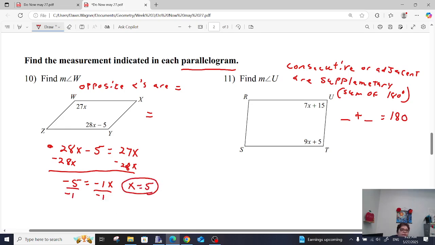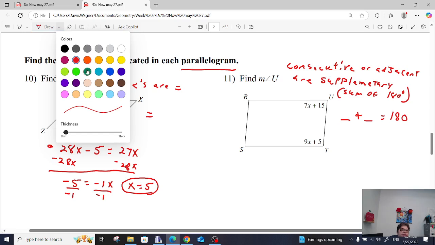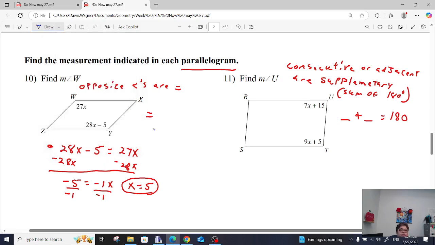Once I get 5, I want to substitute back in. And when I substitute in, because I have to find the measure of angle W is equal to 27 times x, 27 times 5, which is equal to what? 135? Is that true? 135 degrees.